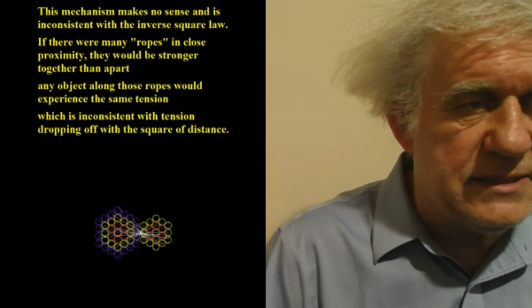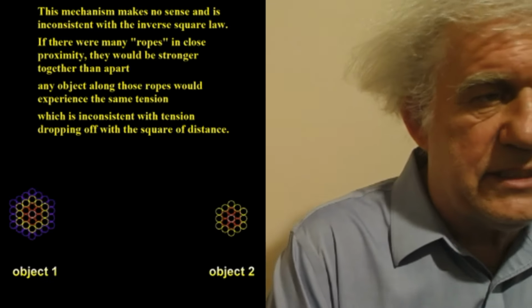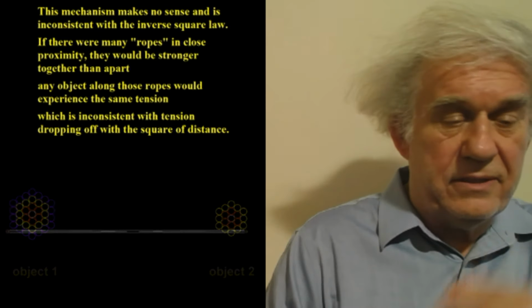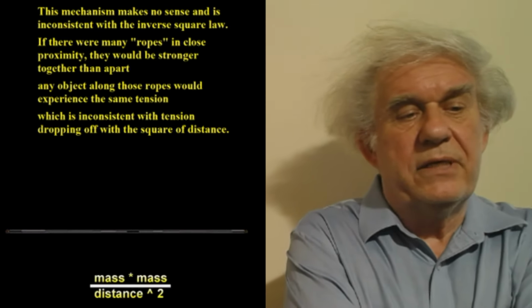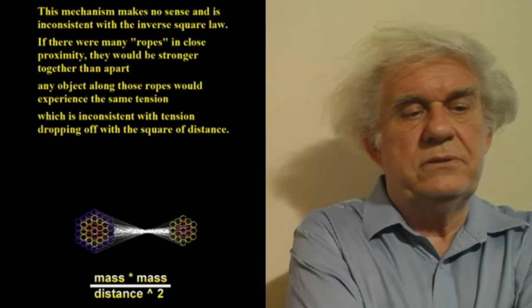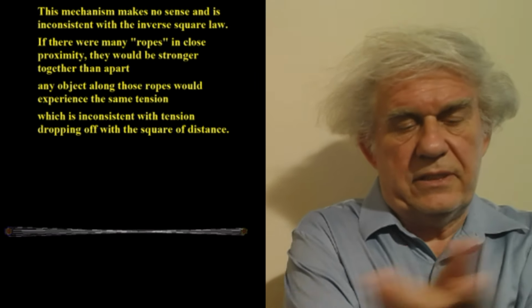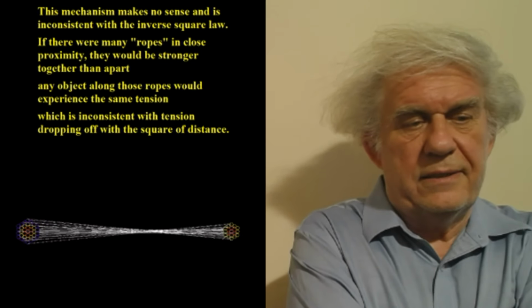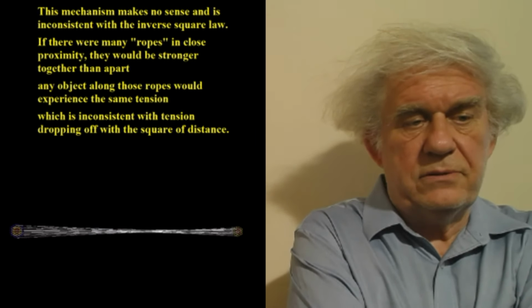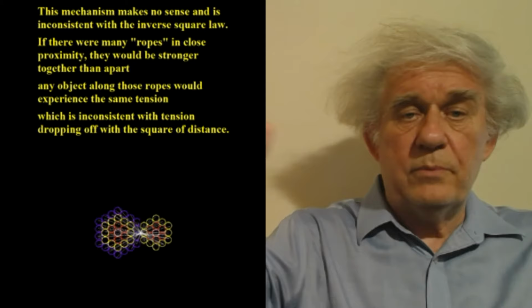Okay, one fellow says the mechanism makes no sense and is inconsistent with the inverse square law. He's talking about my video where I showed that objects approach each other, and as they do, as the distance decreases, and there we have Newton's gravitational equation, or part of it, as they do, the ropes fan out.